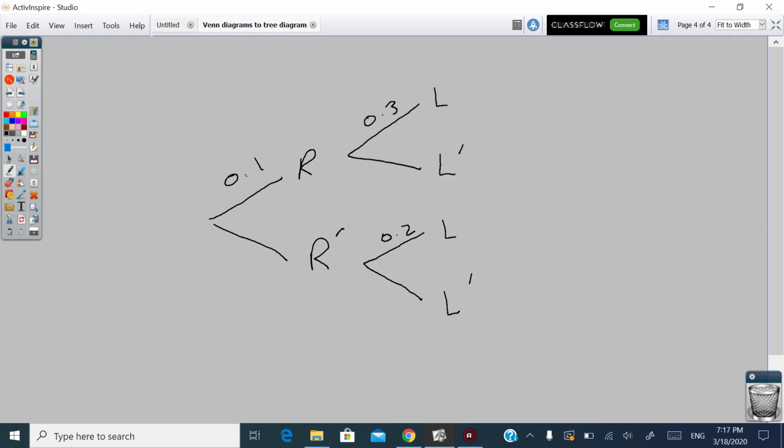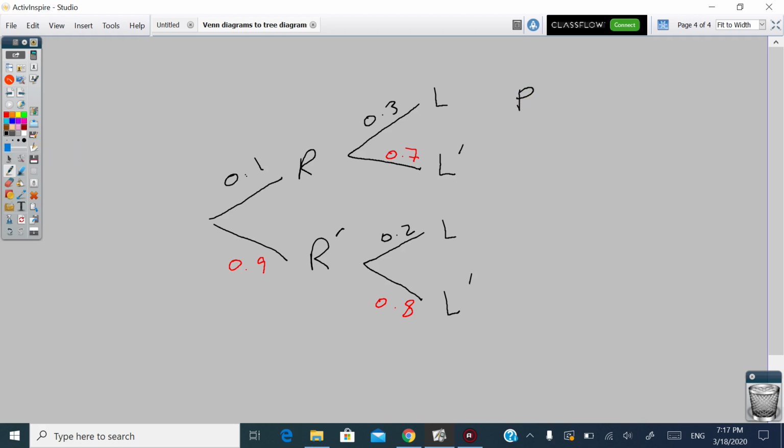If that's the only information I have, then I can complete the probabilities on the tree diagram. I know that the sum of the probabilities on those two branches must be 1, so this is 0.9. Here, this is 0.7, and here this is 0.8. So I can ask the question, what is the probability that tomorrow it will be raining and I will be late?